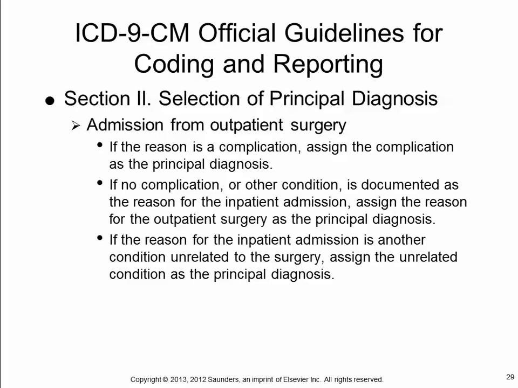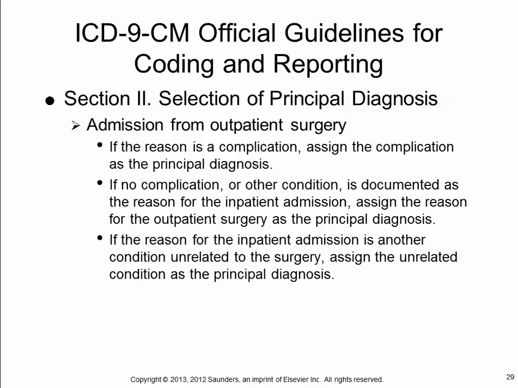Okay? If the reason for the inpatient admission is another condition that's not related to the surgery, you assign the unrelated condition as the principal diagnosis. So, we have a man that comes in for a circumcision.